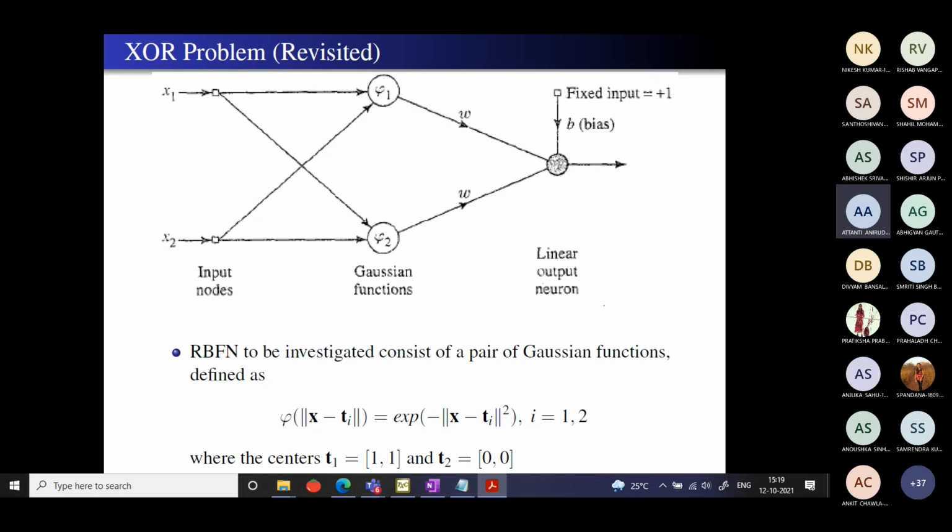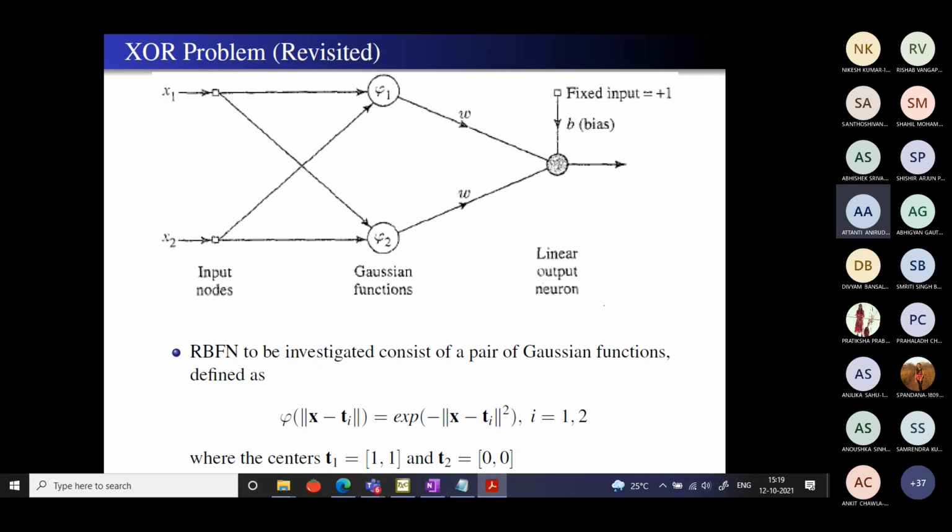In this particular example, I've shown that if the training data is very small, you can apply interpolation theory in a very conventional sense, and solve it using this pseudo inverse concept without any problem. However, if the data is very large, I've also seen a practical approach for designing RBF.